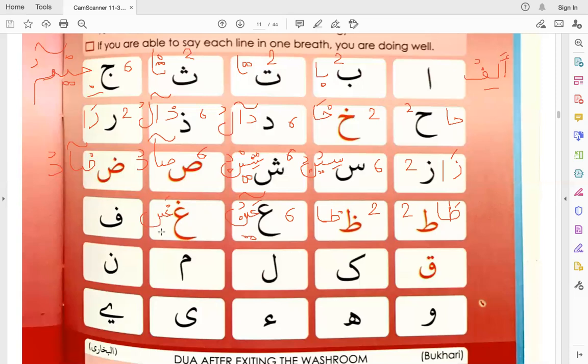And you can find a mad letter before the sukoon. So you can stretch it four haraka, but here we are stretching six because most of the scholars agreed to stretch the names of the letters for six haraka. So we are stretching it six haraka long.